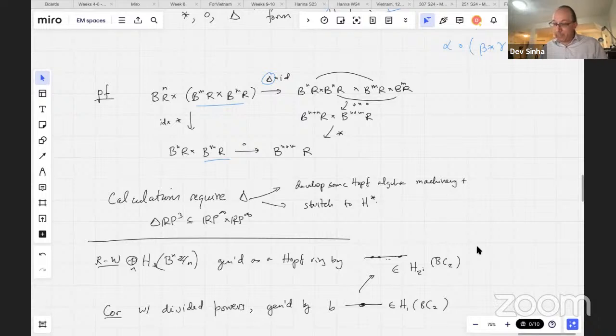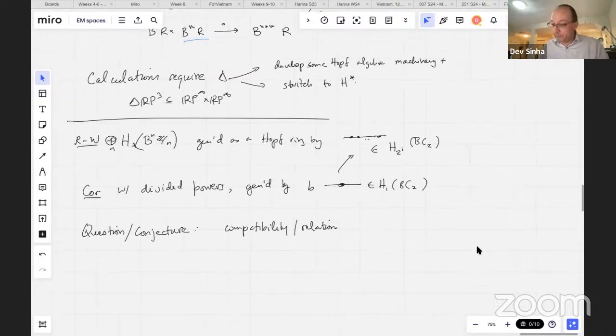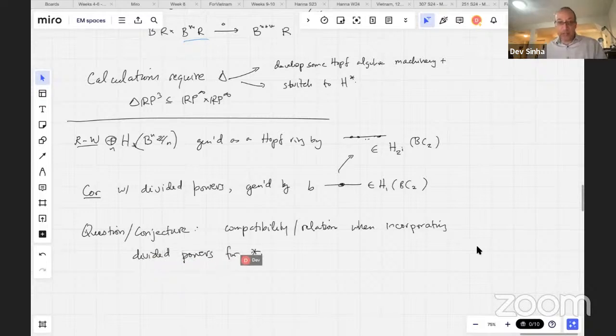Now, the question slash conjecture, so we're getting to that part of the lecture, is what is the compatibility? What are the relations when you incorporate these divided power operations, divided powers for the union product, the plus product, the star?